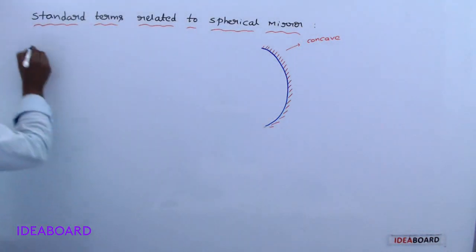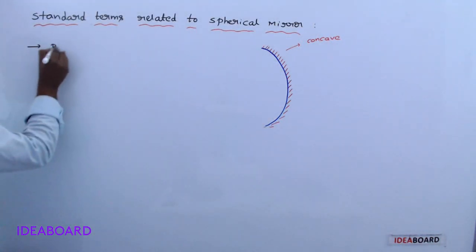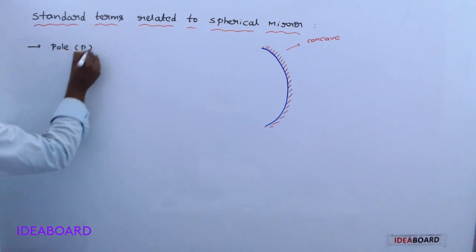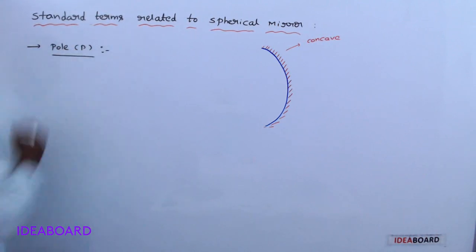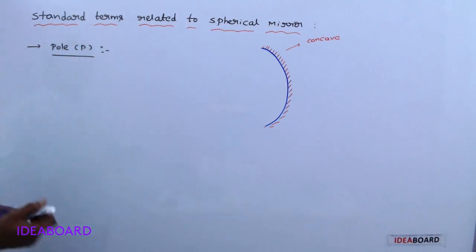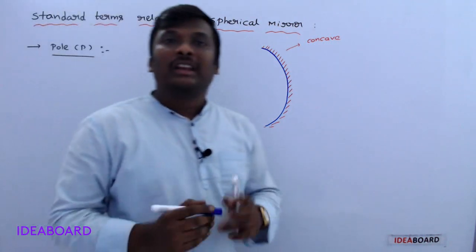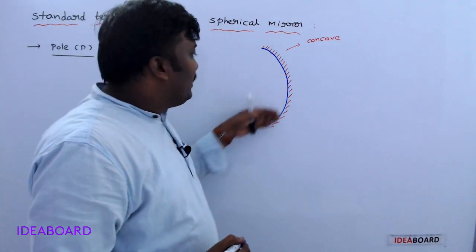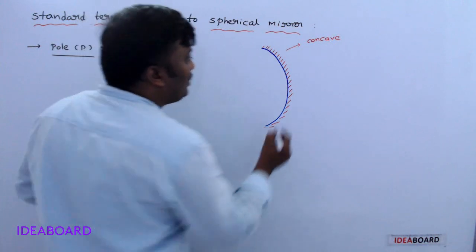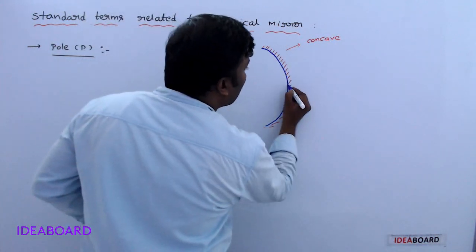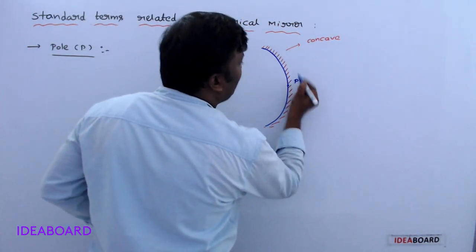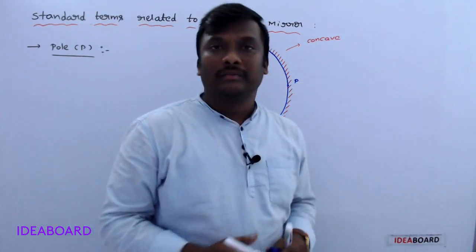Let us discuss those terms. The first one is the pole. It is denoted by P. What is a pole? Pole is nothing but the center of the mirror. So the center of the mirror, this point, is called the pole.